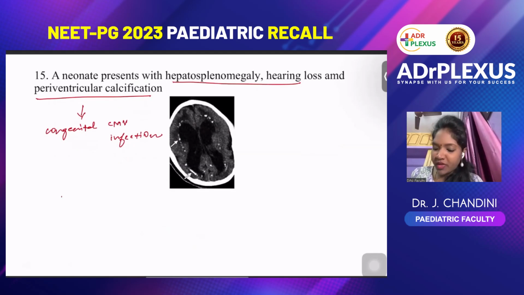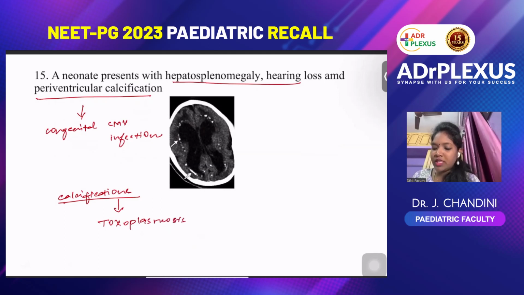Do you see calcifications in some other TORCH infection? Intracranial calcifications. Where do you see them? In toxoplasmosis. In toxoplasmosis, you will see intracranial calcifications, but they are not periventricular. They are distributed throughout the cortex. It is not specific to the periventricular area.